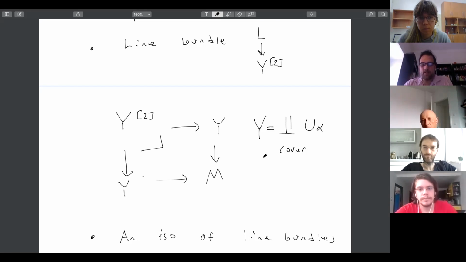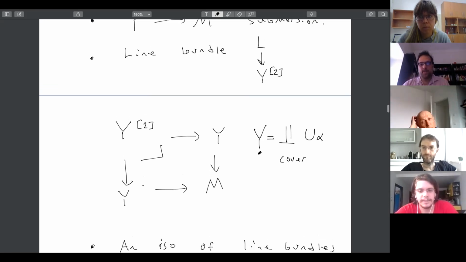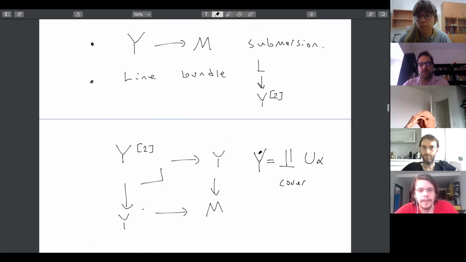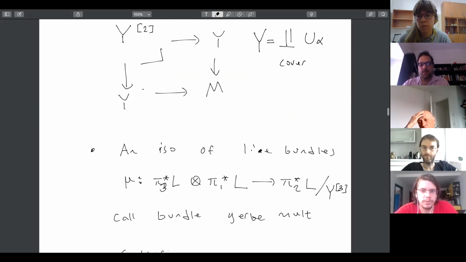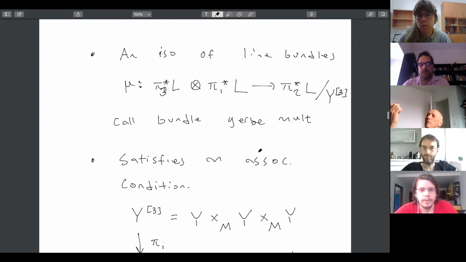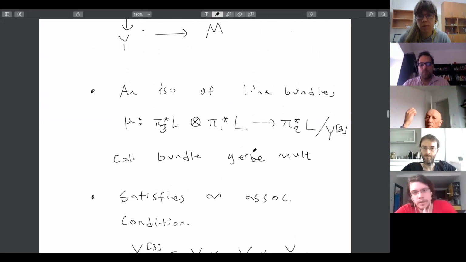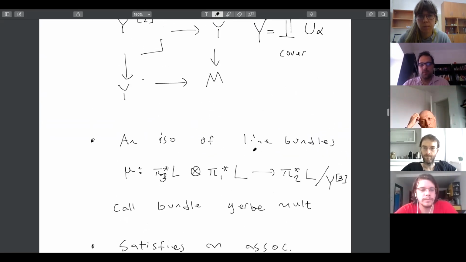Yes, absolutely. So this is another perspective on how you can glue patches to get the resulting manifold.